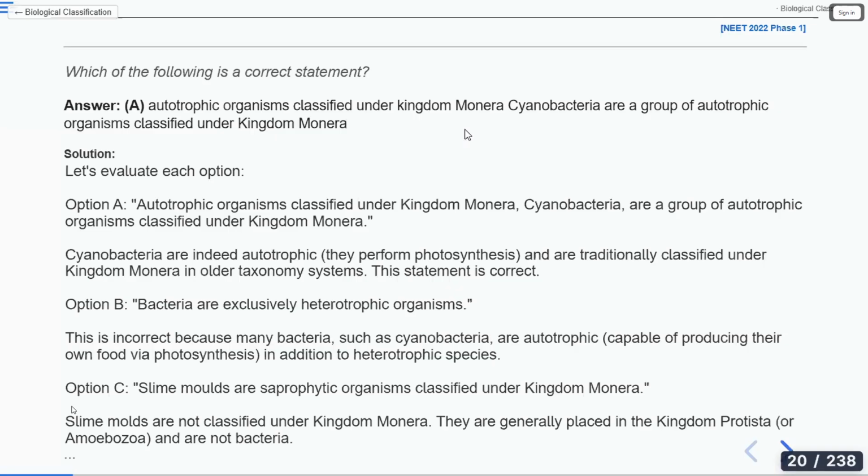Blue green algae or bacteria? Autotrophic bacteria. Then how come bacteria are heterotrophic? So they do have a few exception cases. So option B is not correct.